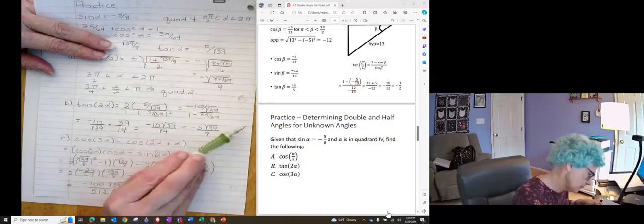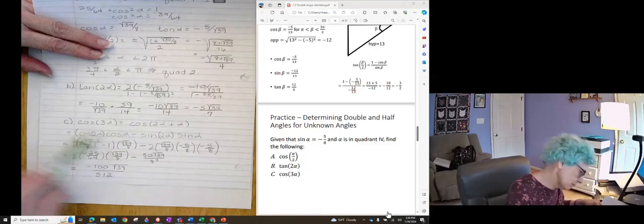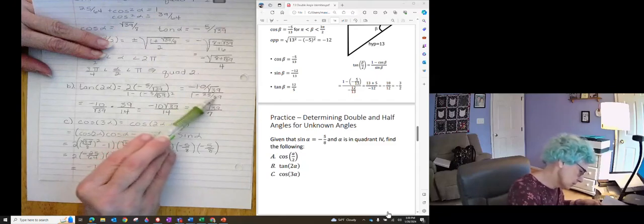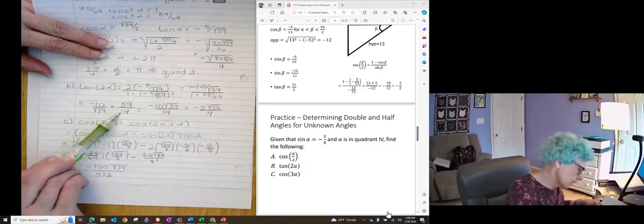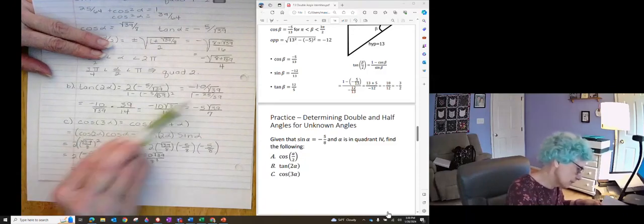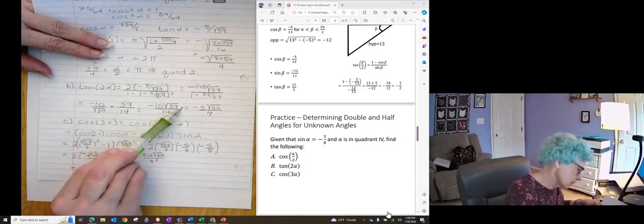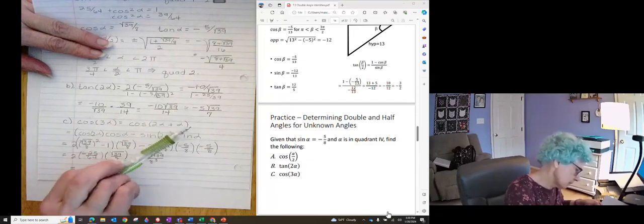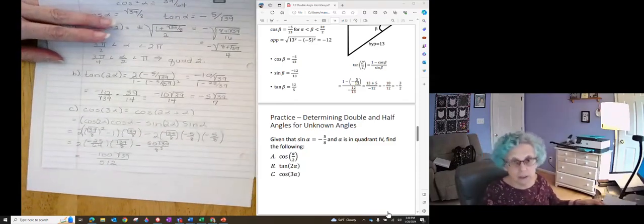I have negative 10 over the square root of 39 living up top. I do some simplifying because I just do this subtraction here. I get 39 over 39 minus 25 over 39 gives me 14 over 39, but I'm dividing, so I invert and multiply. So square root goes into 39, leaves me with square root of 39 on top, and then I wrote my fraction in lowest terms.